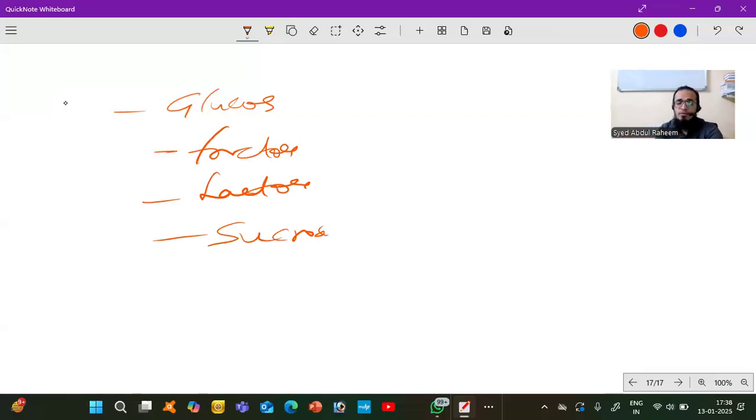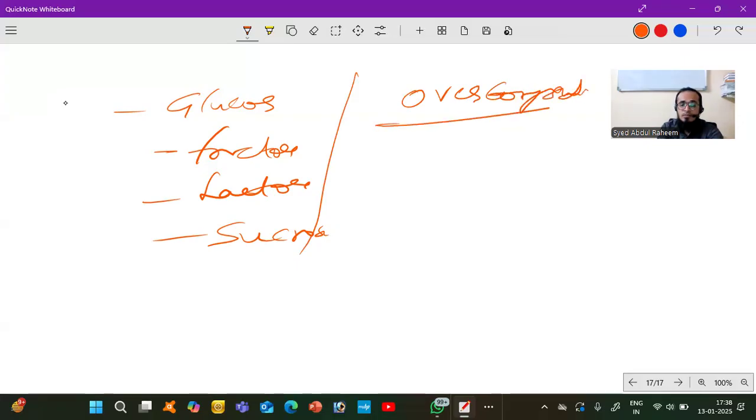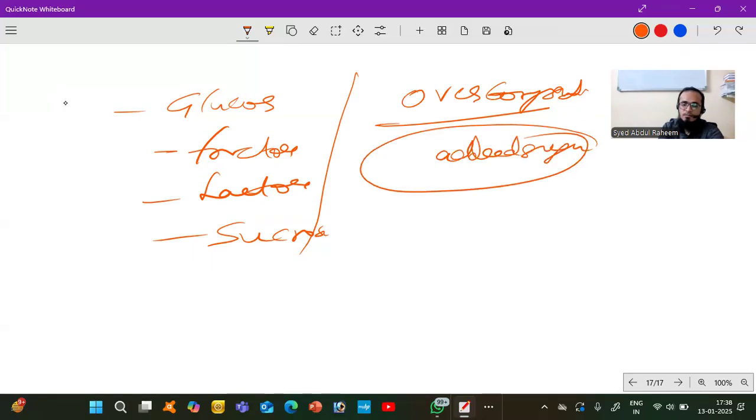What happens if we consume them in overconsumption, mainly added sugars, which are easily available nowadays in the market? It will cause very dangerous health issues, like obesity and diabetes.